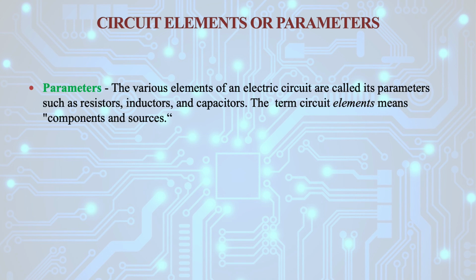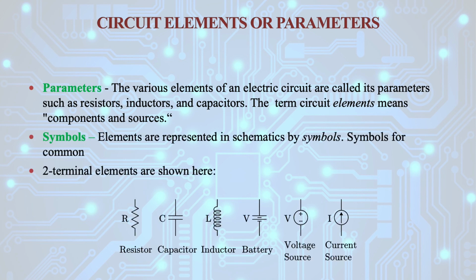Now we have to understand the different circuit elements or parameters. The various elements of an electric circuit are called its parameters, such as resistors, inductors and capacitors. The term circuit element means components and sources. Here you can see the different symbols of the different electrical elements like resistance, capacitor, inductor, battery, voltage source and current source. Now we have to understand what an active element is, as the name is indicative.